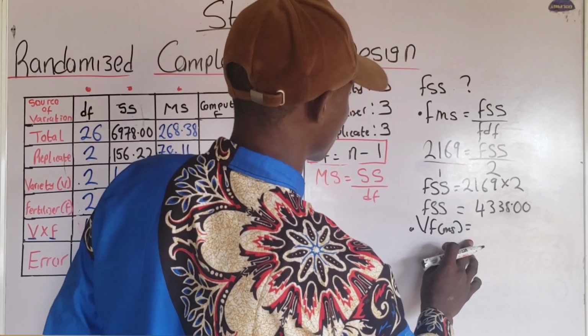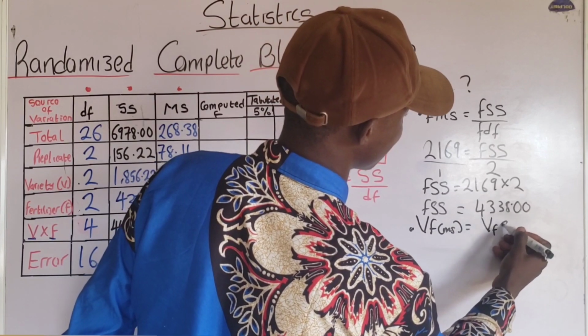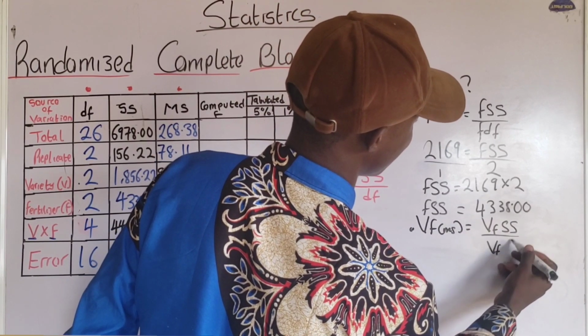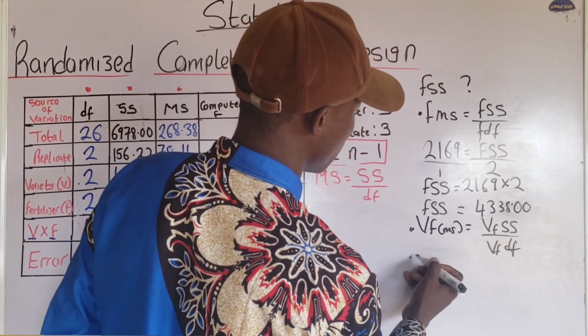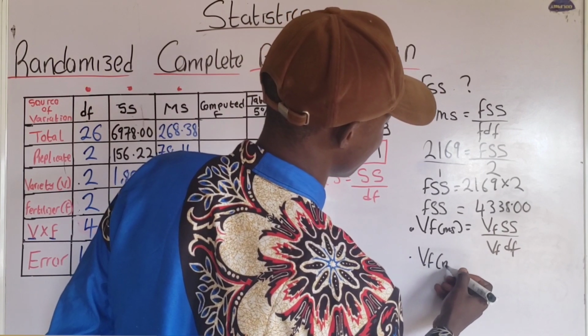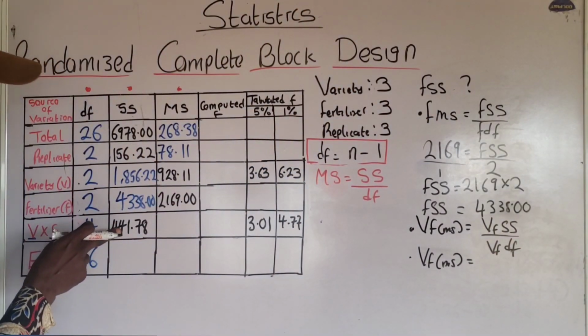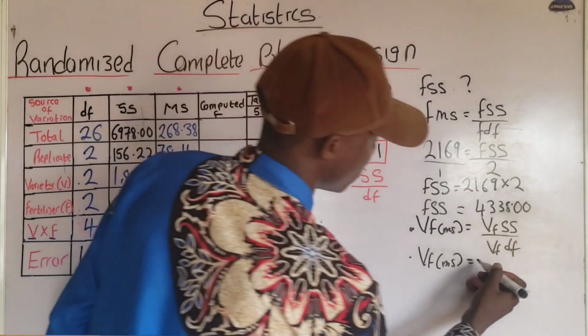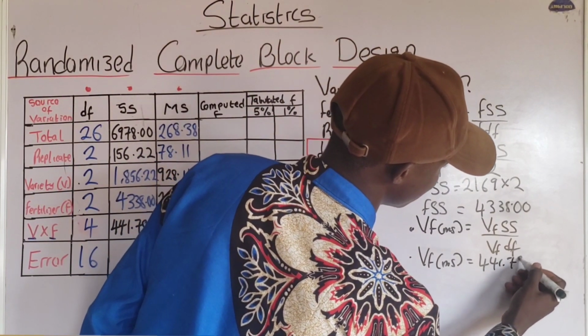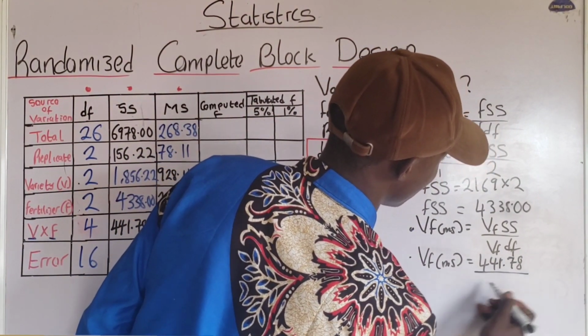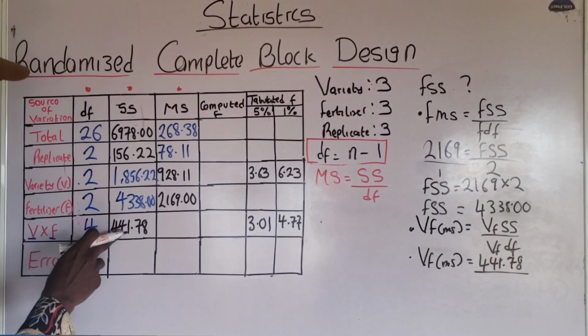The variety fertilizer mean squared is equal to variety fertilizer sum of squared all over variety fertilizer degree of freedom. The variety fertilizer sum of squared is what we've been given, that is 441.78, all over variety fertilizer degree of freedom, that is 4.